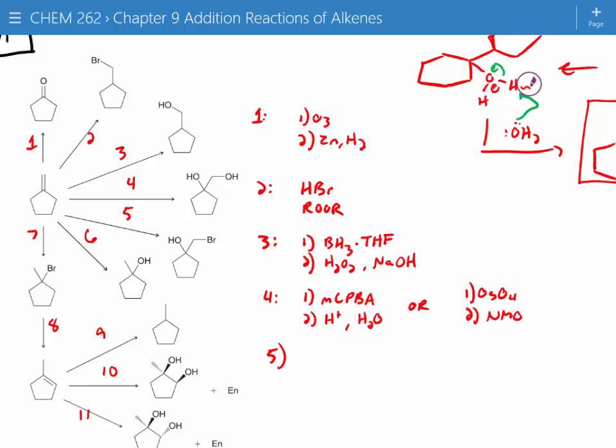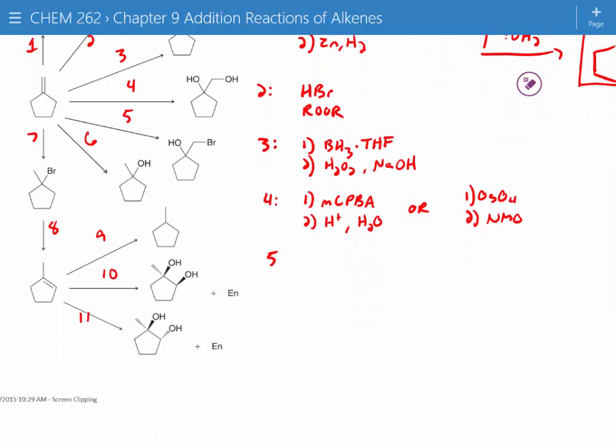No, because then we would get just one bromine and no water added. So we've got to add Br2 and water. So for reaction 5, we need Br2 and let me just do it over here. And water.